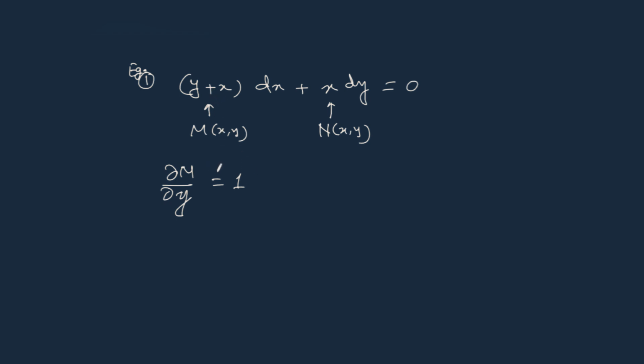The derivative of y with respect to y is 1 and the partial derivative of x with respect to y is 0, therefore this is 1, and del N del x is nothing but 1. So these two are equal, so the given equation is an exact equation.